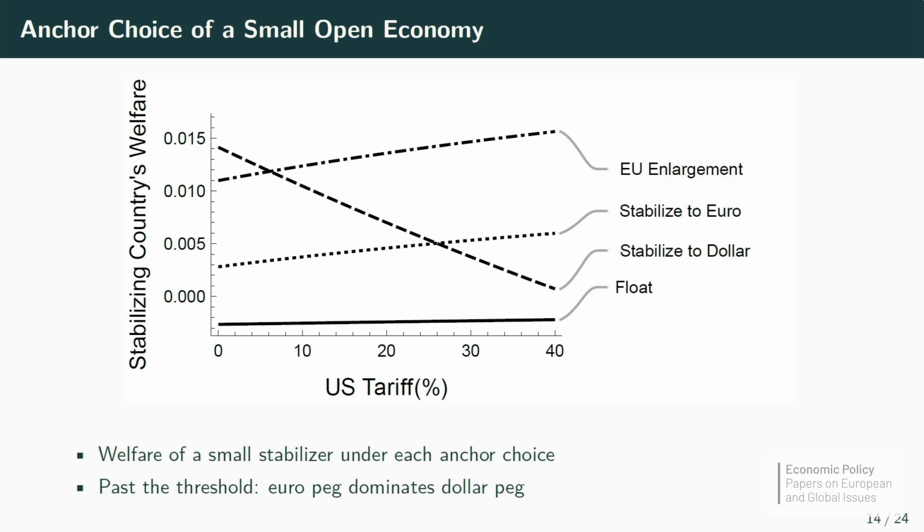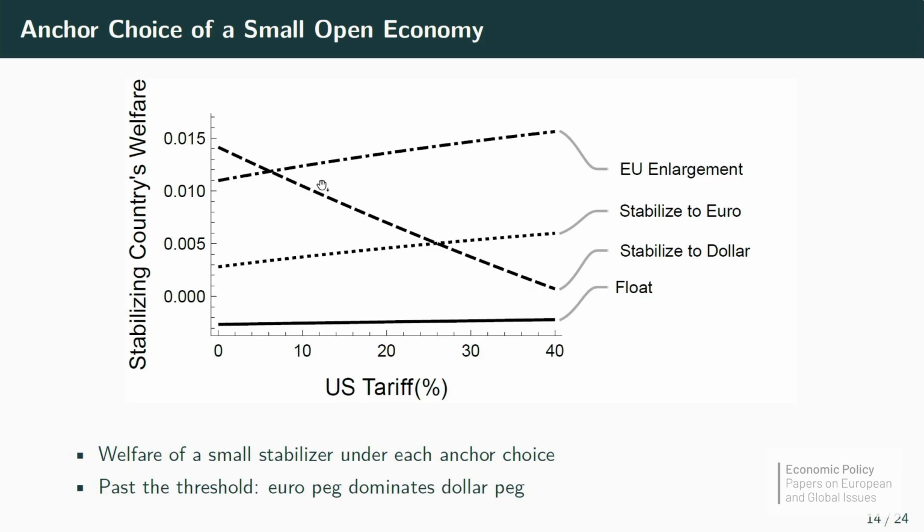This plot basically shows the same thing, but now from a welfare standpoint. On the x-axis, we're taking the view of a small stabilizing country, and we're again plotting against the US tariff. You can see that floating for small countries, this dark black line, is how optimal it is to float your exchange rate.